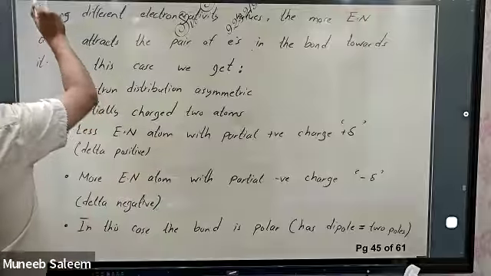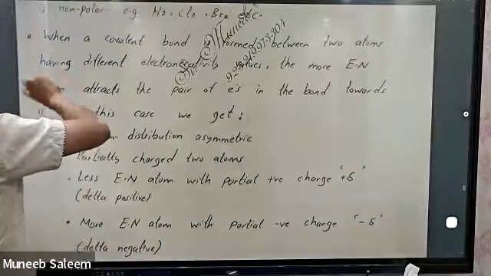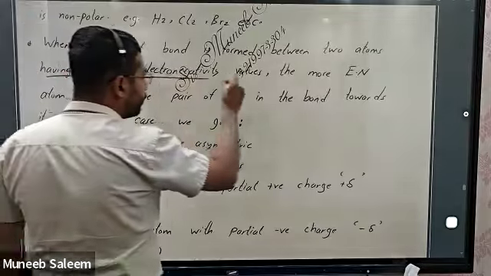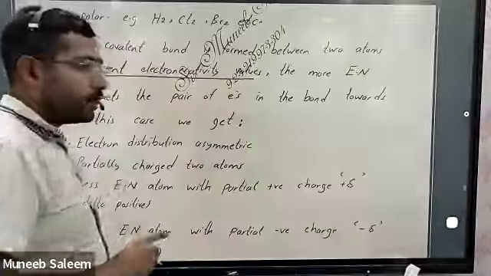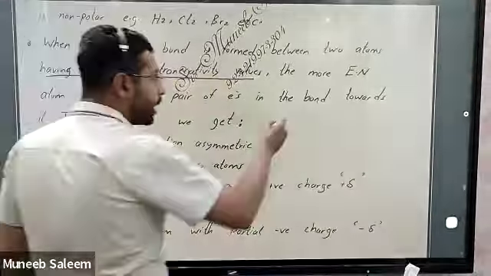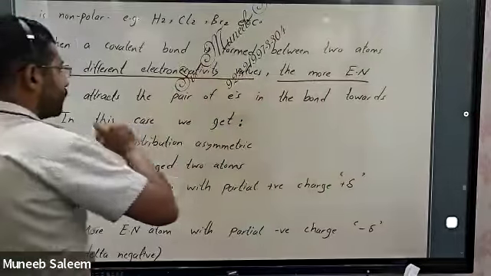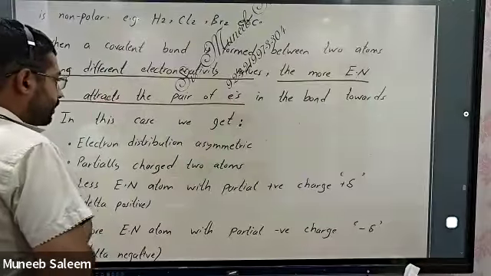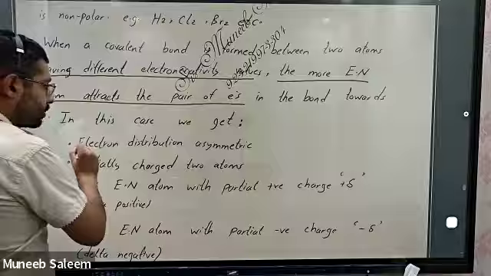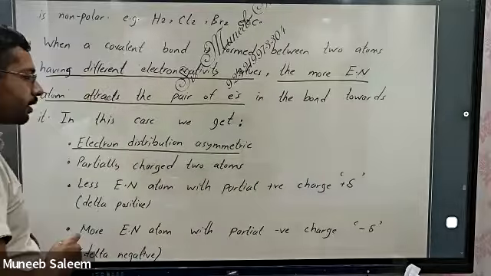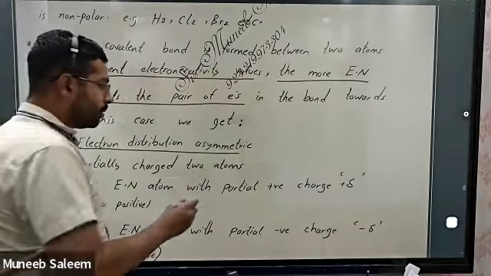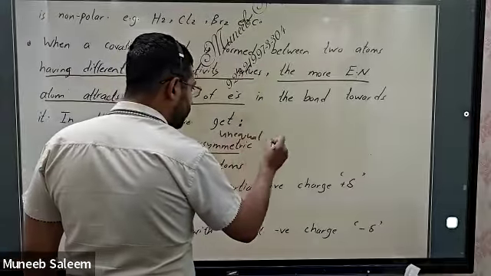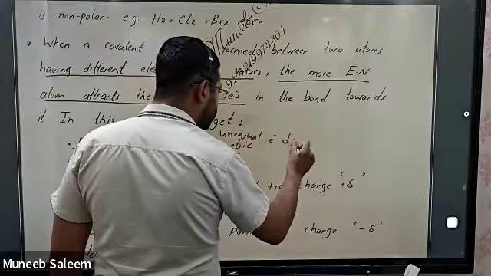If the electronegativity difference between the two atoms is significant, then the element carrying the higher electronegative value will attract the bonding pair of electrons more strongly, and in this way electron density is now asymmetric. By the word asymmetric we mean unequal electronic distribution.